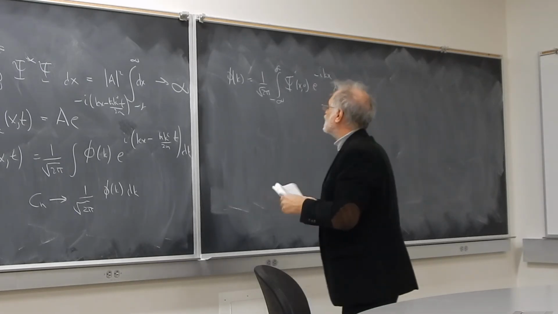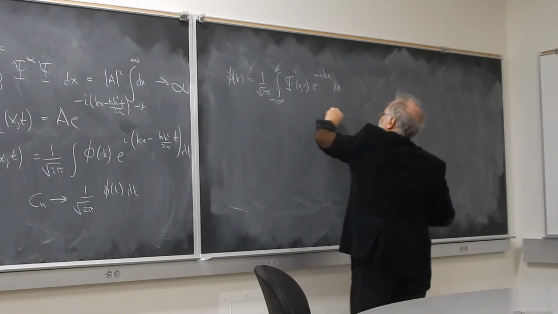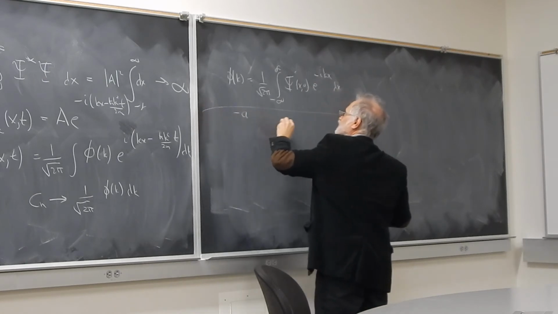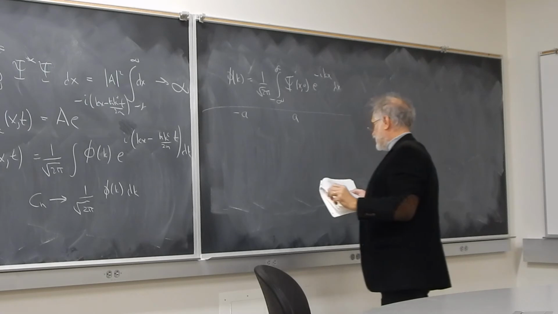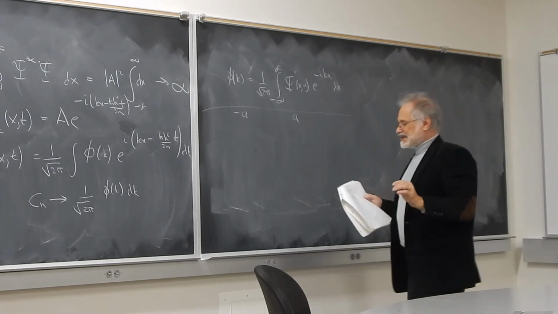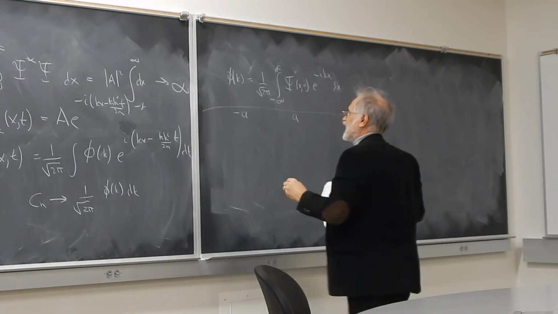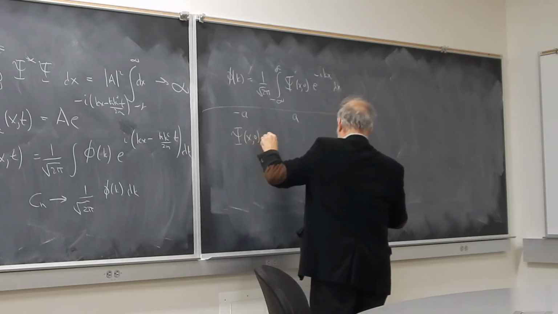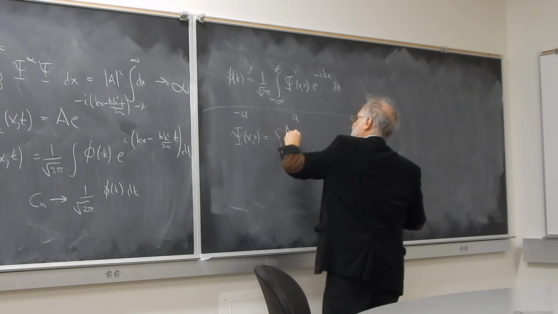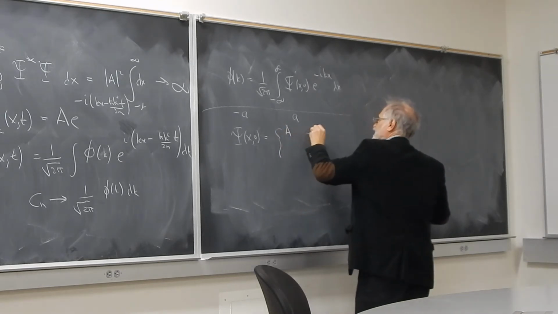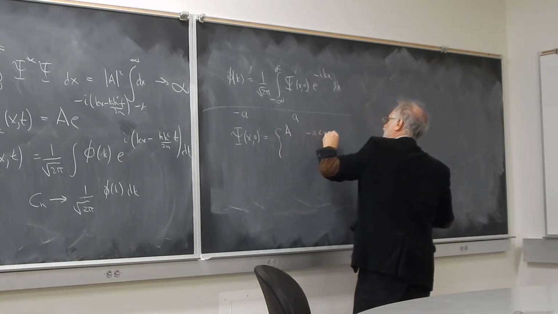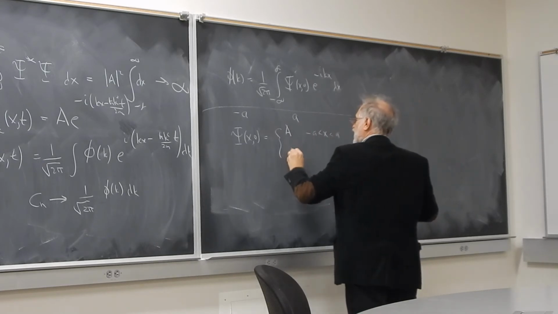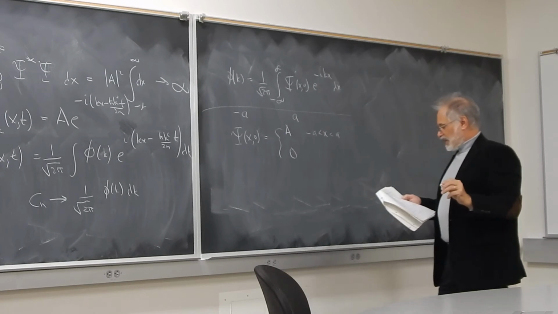So for example, suppose we have a free particle that's located in a range minus a to a, and it's released at t equals 0, such that at t equals 0, psi of x and 0 is equal to capital A if the particle is between minus a and a, and is equal to 0 otherwise.